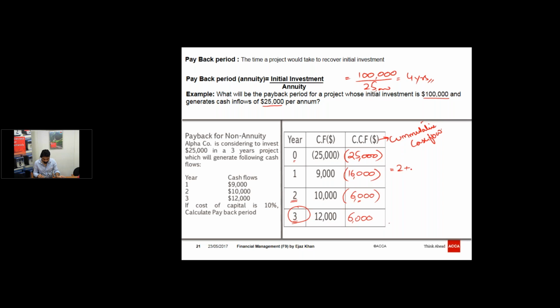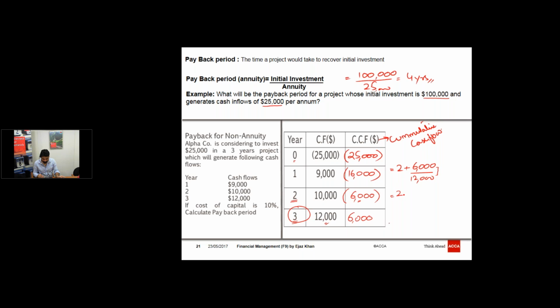So we'll take this last negative cash flow and divide it by the complete cash flow of the year, that is $12,000. So we'll come to know what fraction of the third year it took to cover the whole investment. So 6,000 divided by 12,000 gives you 0.5, half of the year.